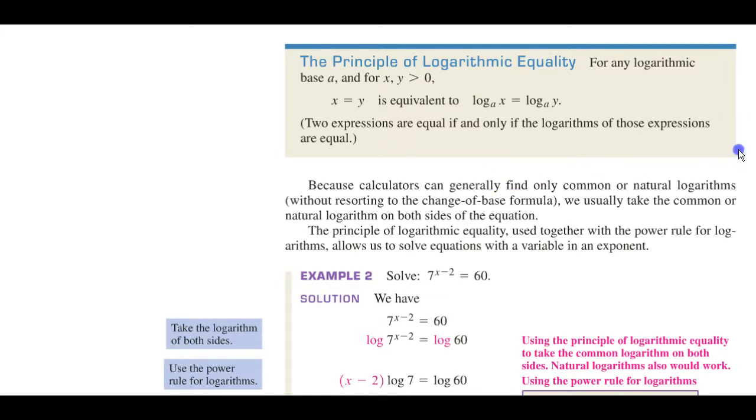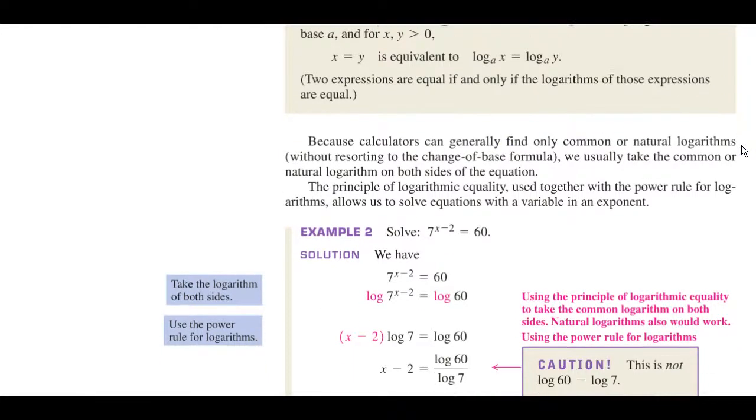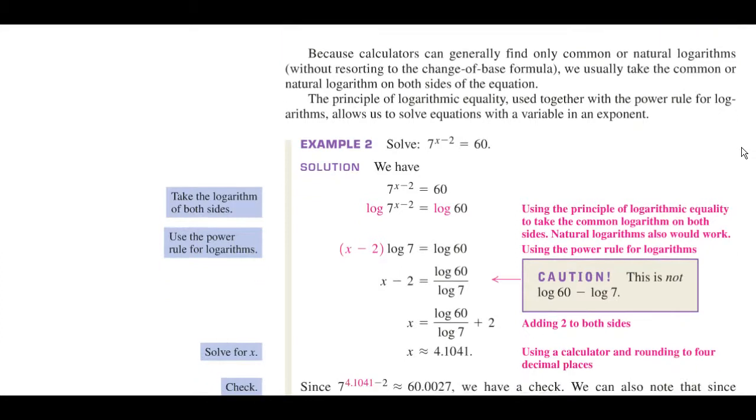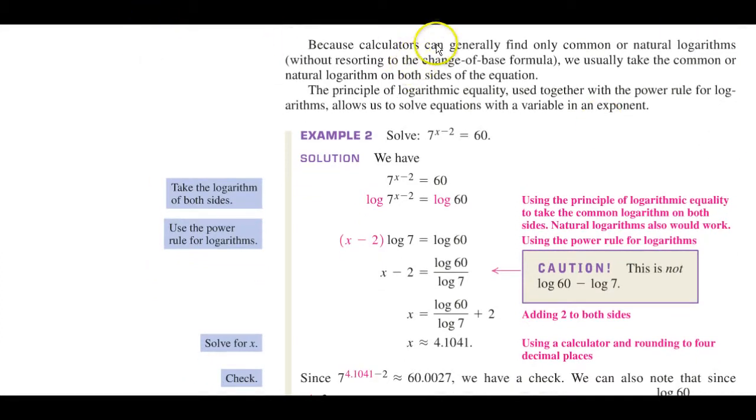And they're also mentioning another important item here. Because calculators can generally find only common or natural logarithms, resorting to the change of base formula, which we had in the previous lesson, we usually take the common or the natural logarithm of both sides of the equation.